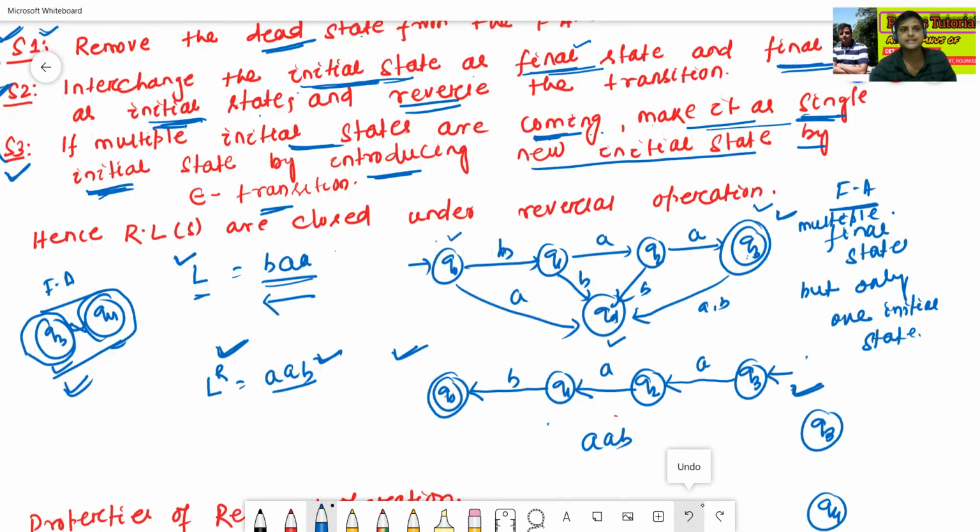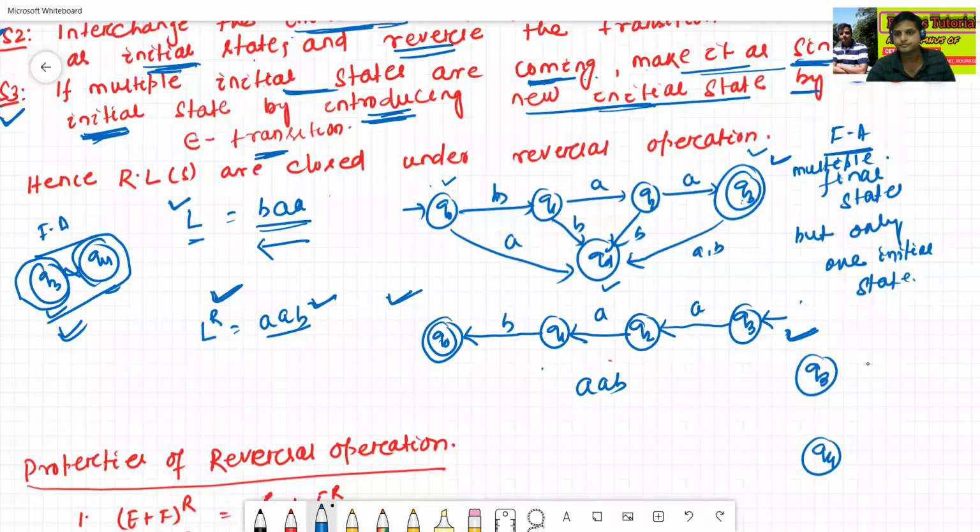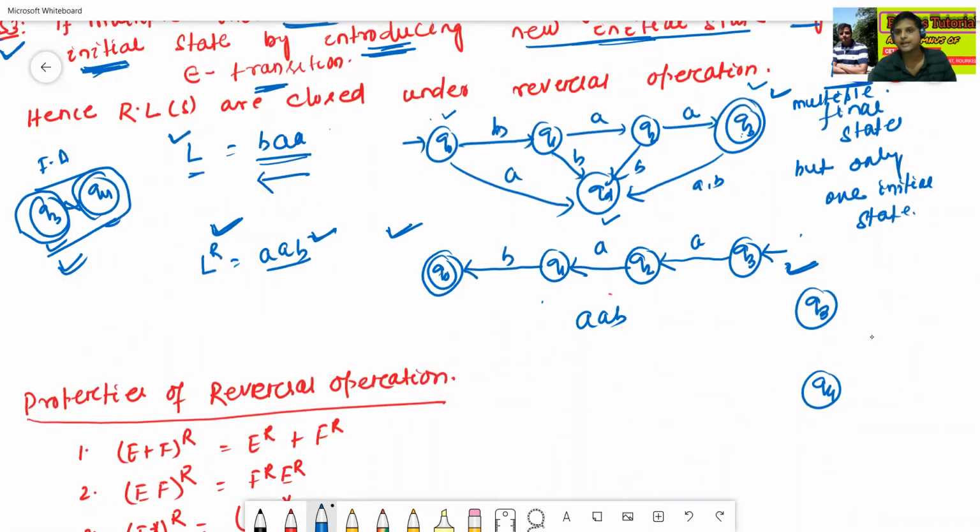make it a single initial state by introducing a new initial state with epsilon transitions. How? See here. Let Q3 and Q4 both be final states in the finite automata; in the reversal finite automata, Q3 and Q4 both are initial states.